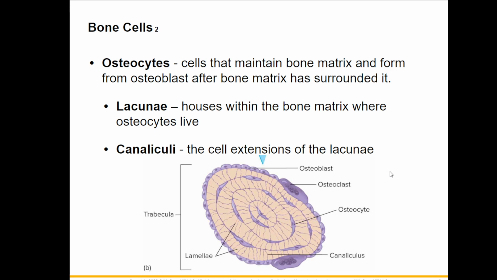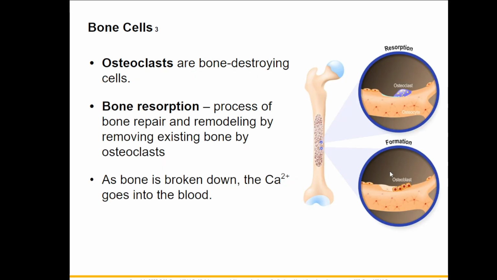So now that we've talked about the osteoblast and the osteocytes, now it's time for us to talk about the osteoclast. So whenever you see the word class, it means they are destroyers. So in this case, osteoclasts are bone-destroying cells. And the process of destroying and remodeling bone is called bone resorption.